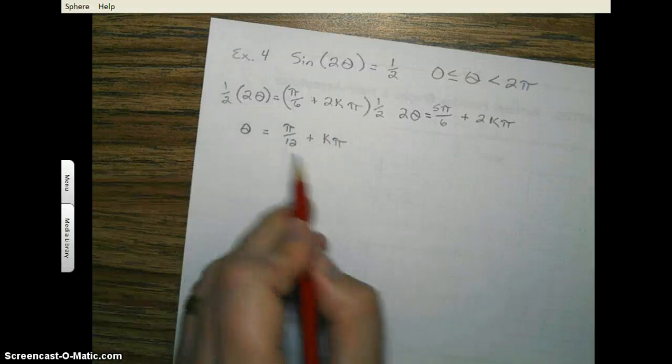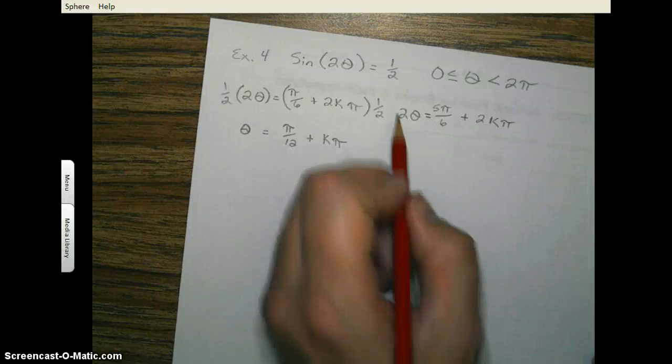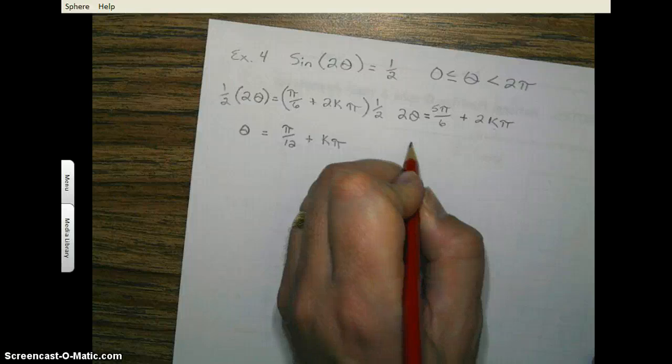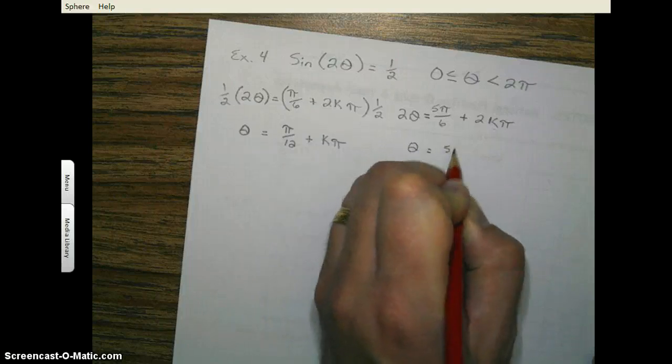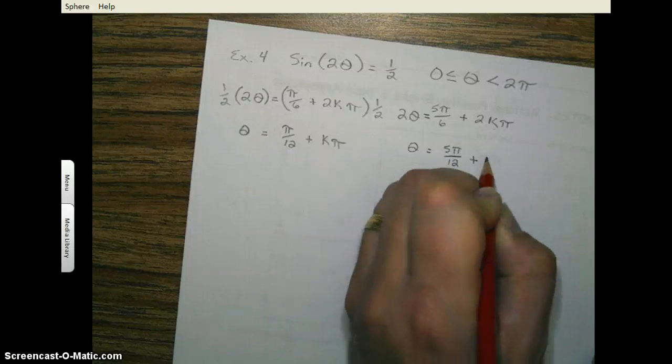This is the formula that we're going to use to get our solutions. Okay, same thing on this side. Multiply both sides by 1/2. So we're going to get theta equals 5 pi over 12 plus k pi.